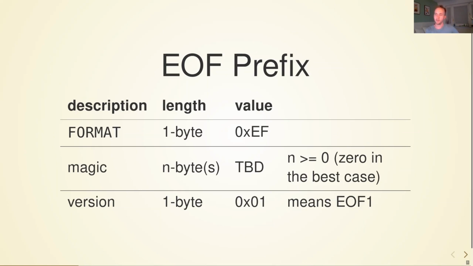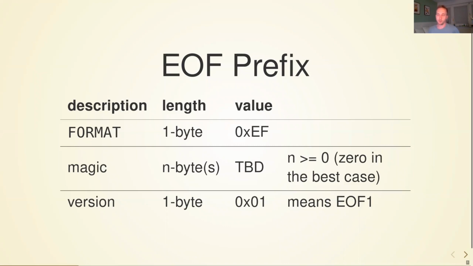Then after this will follow some additional magic bytes. We don't know how many of these we'll need, and there's a chance we'll not need any, but we'll see how it goes, and I'll explain in a moment why this is unknown at this point.